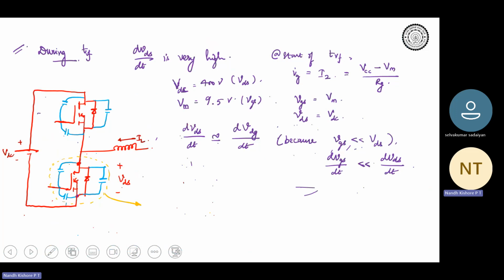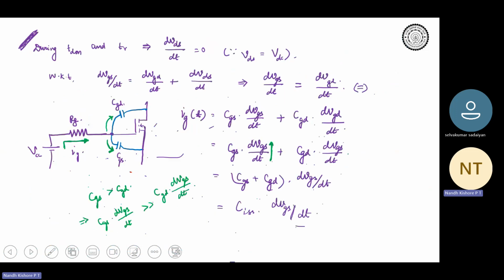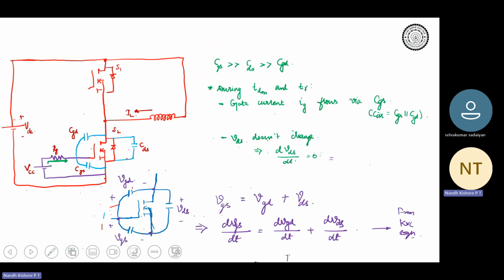You will see that the entire charging and discharging current flows through the channel of S2. And one more thing, if you apply KVL in the device, you will see that the gate source voltage VGS is equal to VGD plus VDS. So dVGS by dt is dVGD by dt plus dVDS by dt.